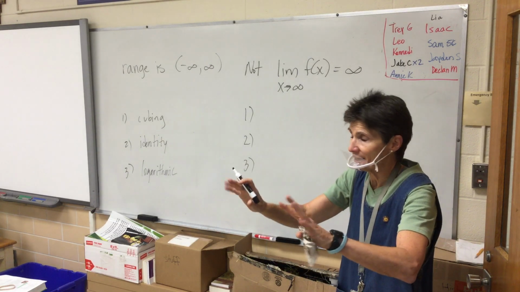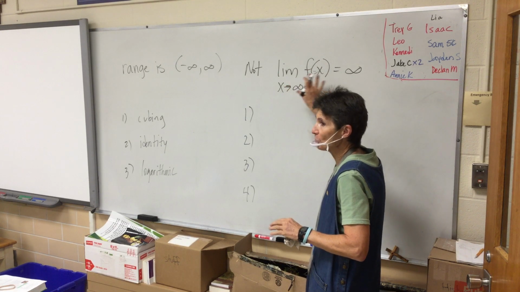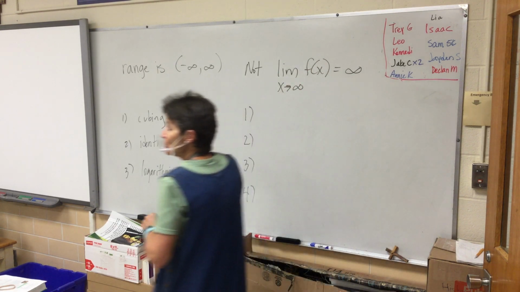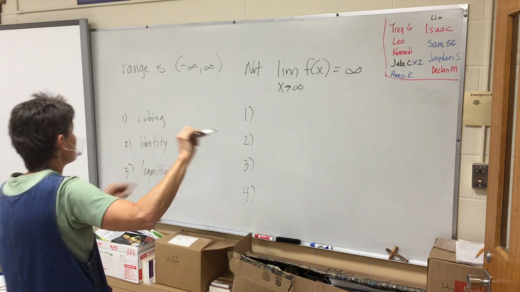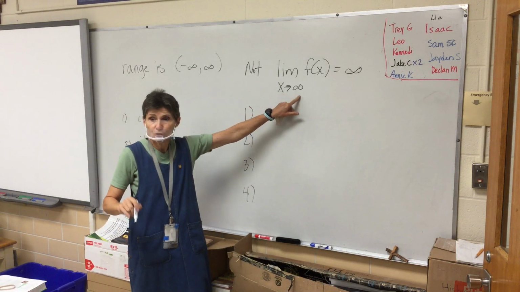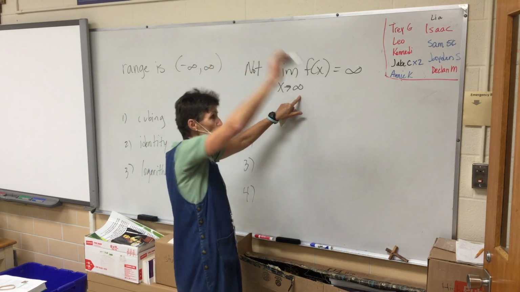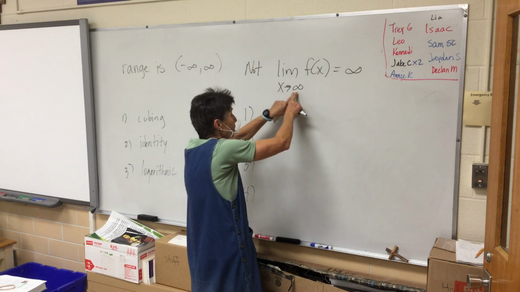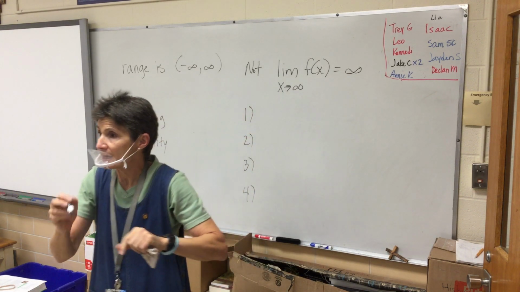Now, don't panic. This is just a fancy math way of saying that when you draw your picture, as you go to the right, as x approaches infinity, your pencil shoots up into space. So positive infinity, positive infinity. I'm going right and shooting up.